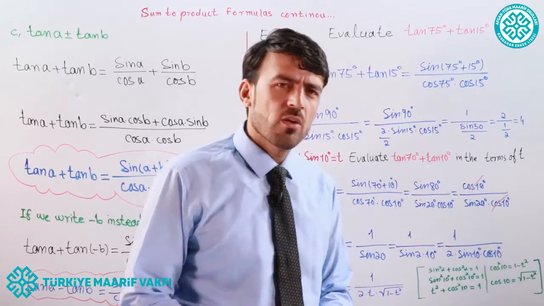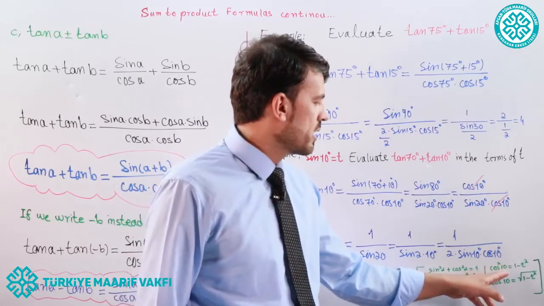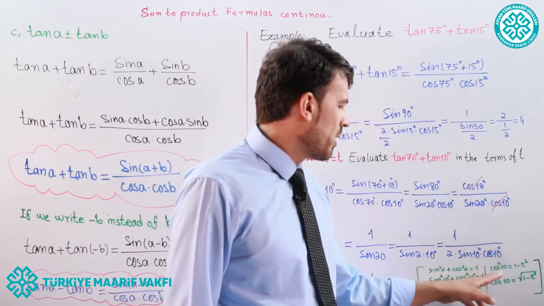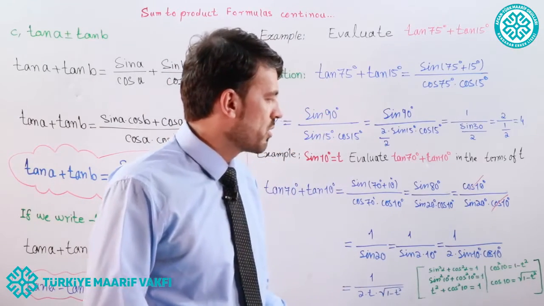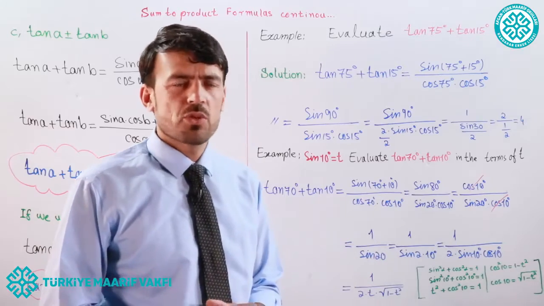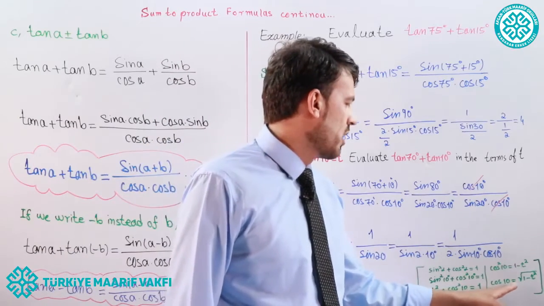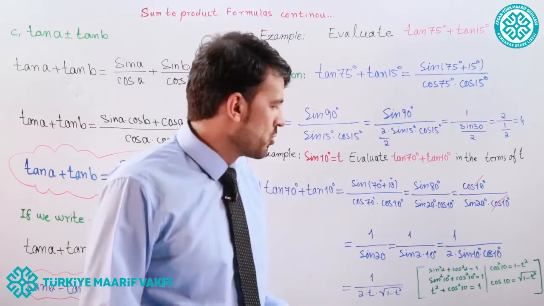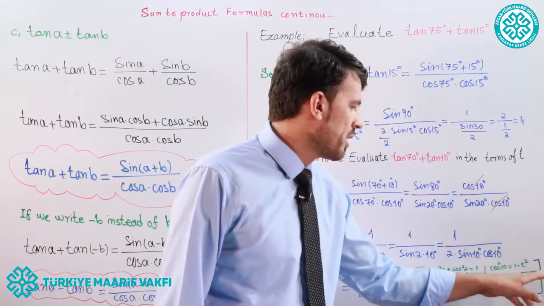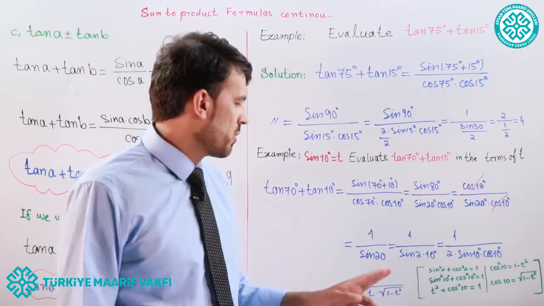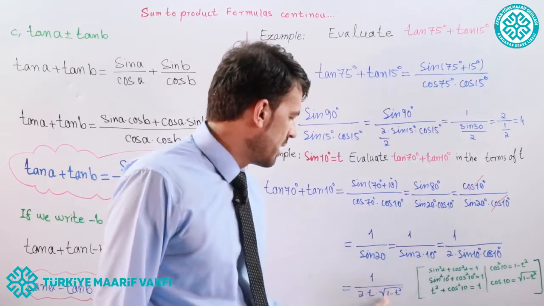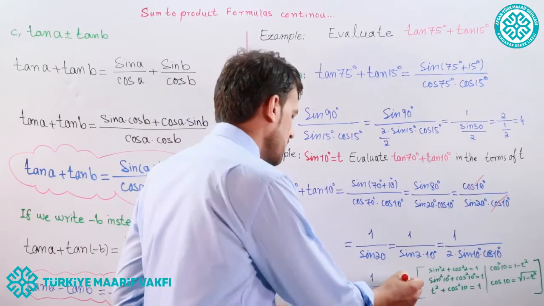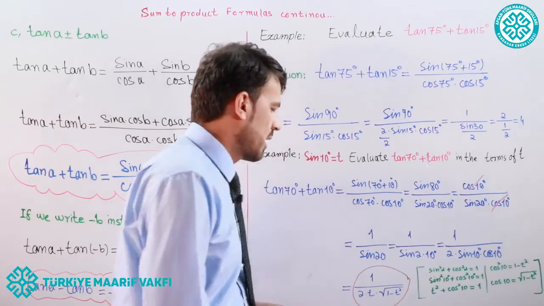So if we want to obtain cosine 10 degree, here it has a power, so we should take both sides under a square root, and cosine of 10 degree will be the square root of 1 minus t square. So we can write this square root of 1 minus t square instead of cosine of 10 degree. So this will be our answer of this example.